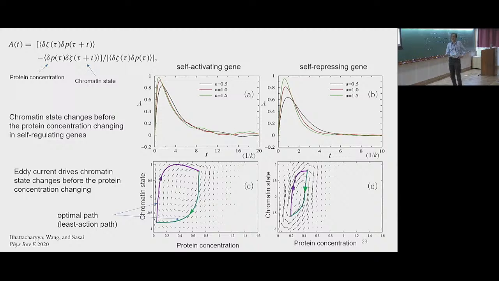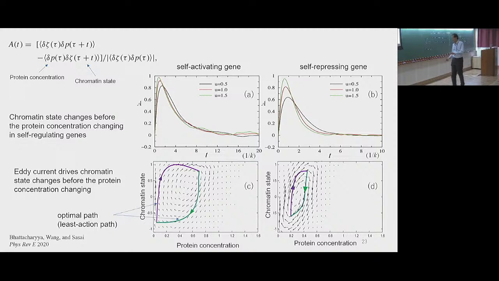We have not made a quantitative comparison, but this suggests this is possible because of the coupling through these feedback loops. The chromatin state can change earlier than the protein state change.